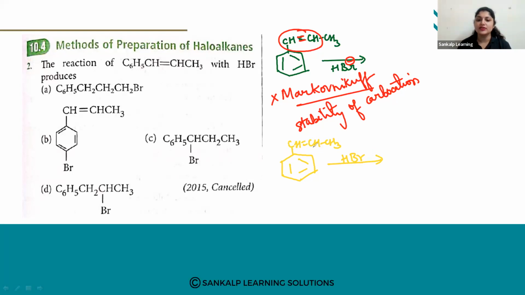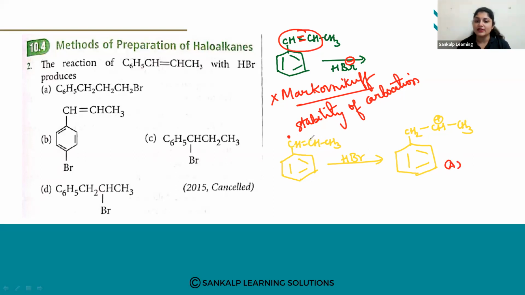If it attacks this particular carbon, the product can be CH2-CH+-CH3. When it attacks this carbon, there will be formation of a carbocation. So this is one product.